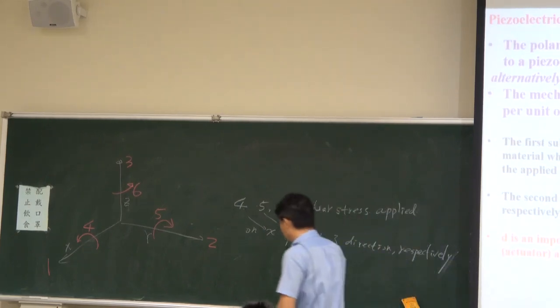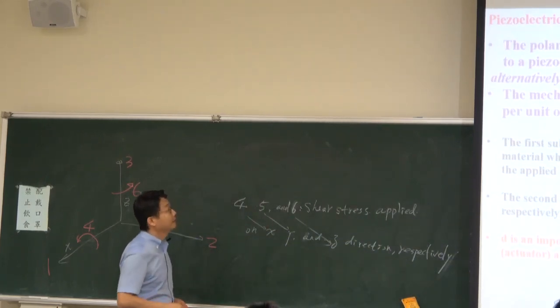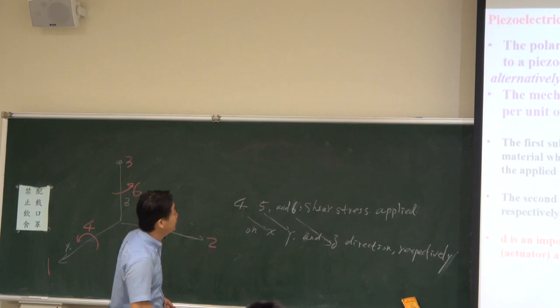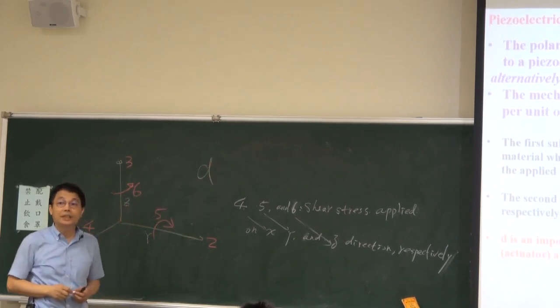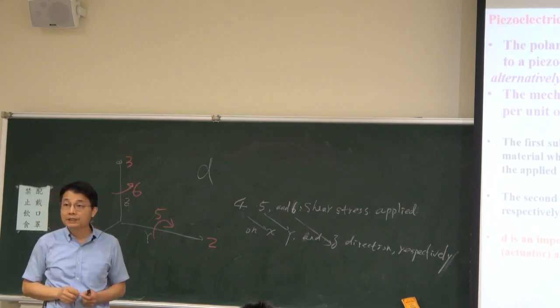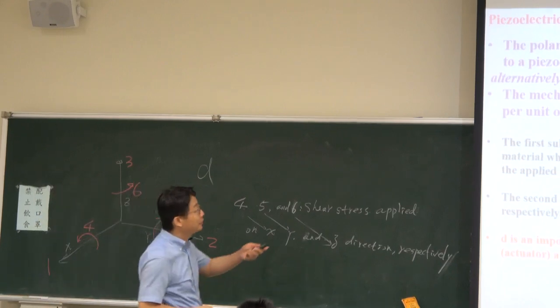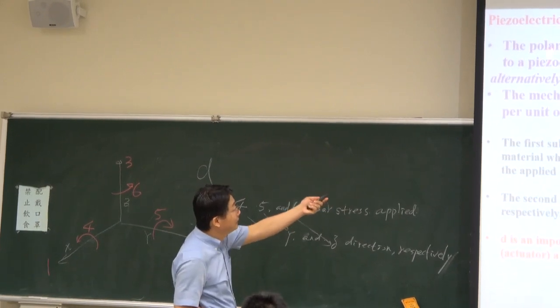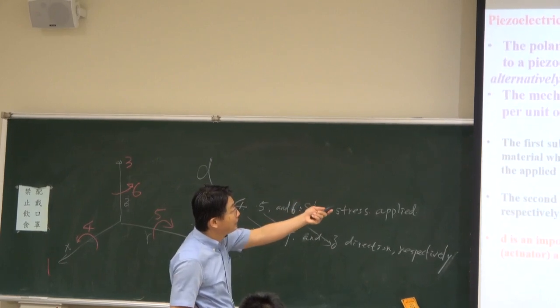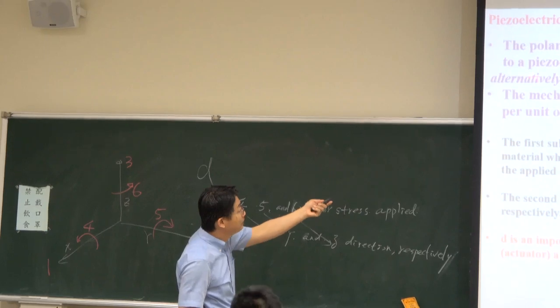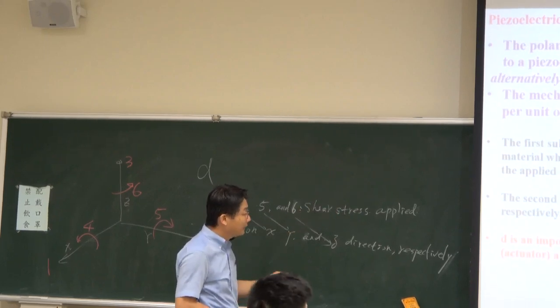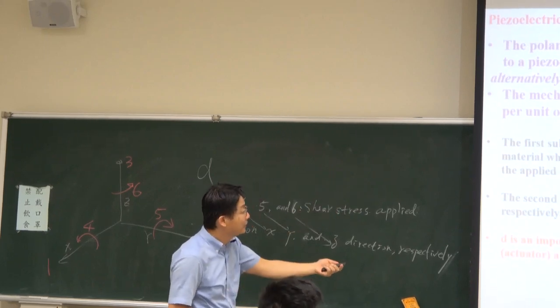Because you could see there is a piezo charge constant, for example. The piezo charge constant is usually denoted by d. It represents the polarization generated per unit of mechanical stress applied to piezoelectric materials. Let me show you an example.